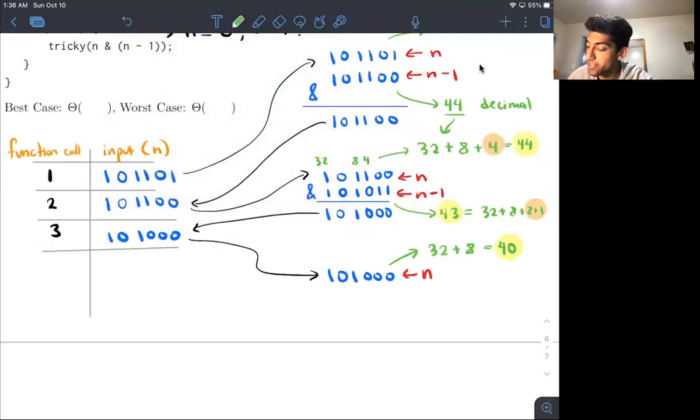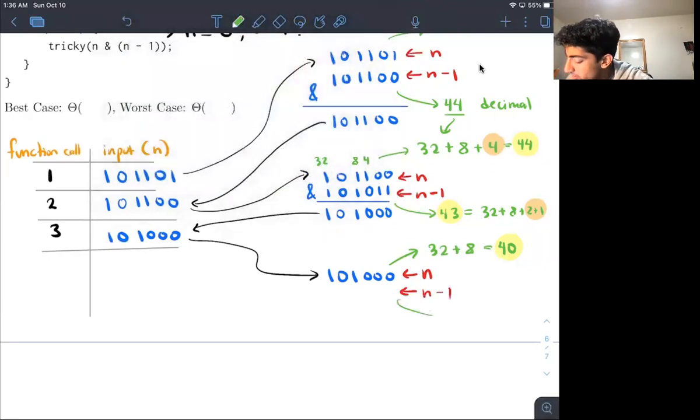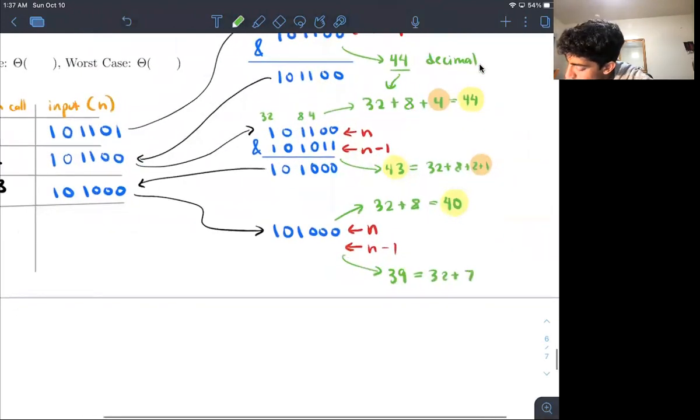So I'm going to try to figure out what this n minus 1 is here. Well, it's going to be 39, which is equal to 32 plus... oh, just kidding. We can't really do 7. I want to write it in terms of powers of 2. So it's going to be equal to 32 plus 4 plus 2 plus 1.